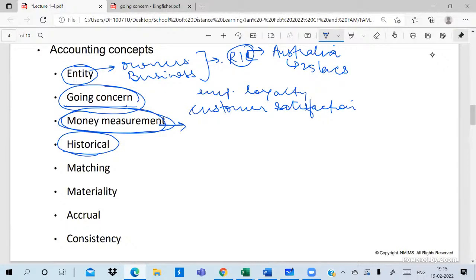Okay. Past data on cost trends, cost of purchase valuation, not fair value. Fine, great. So what do you mean by historical cost concept?